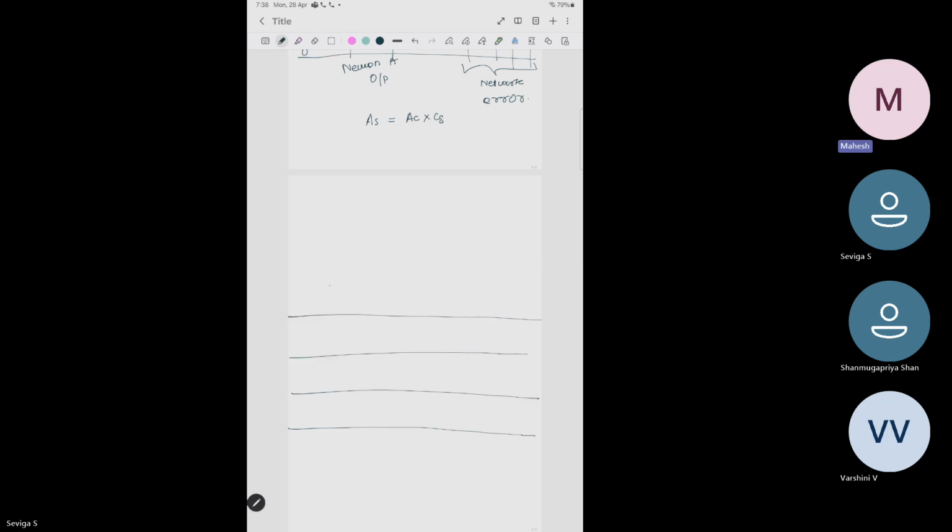AD into D delta, madam. Fantastic. So I will pictorially draw that one.